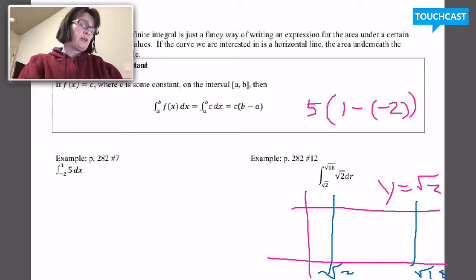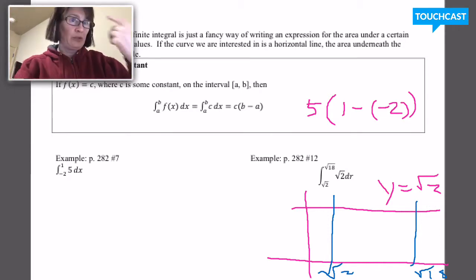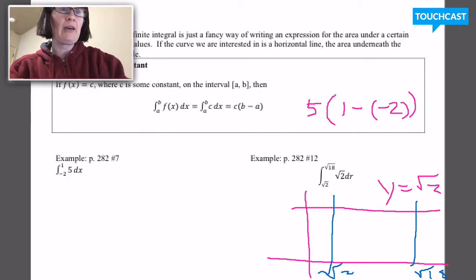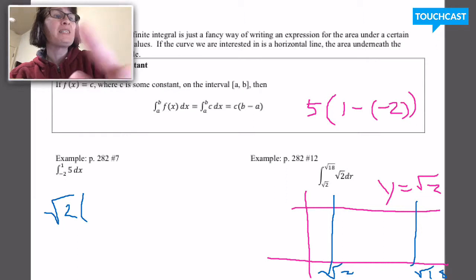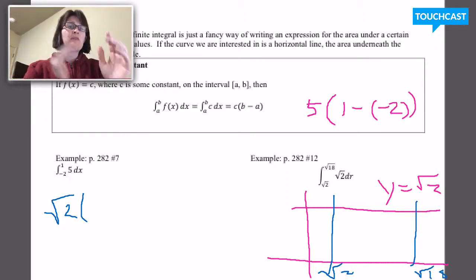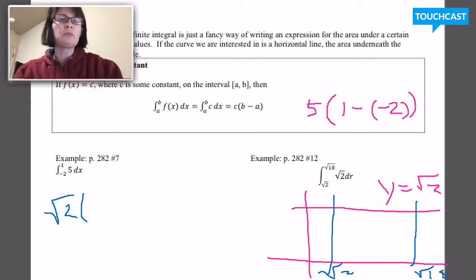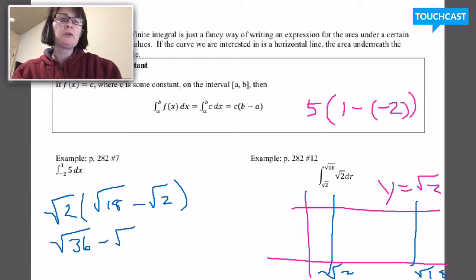You can either draw a picture and find the area of that rectangle, or you can just use this formula, which is we're going to have radical 2, the constant function in this case, times the difference between the a and the b value, so the distance across the rectangle, which is going to be radical 18, take away radical 2. I'm going to use the distributive property, so it's going to be the square root of 36 minus the square root of 4, which is 6 minus 2, which is final answer 4.